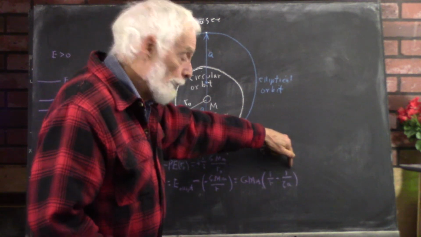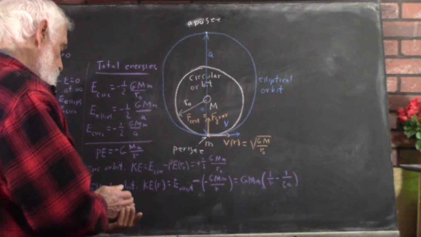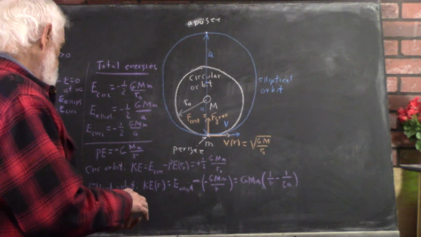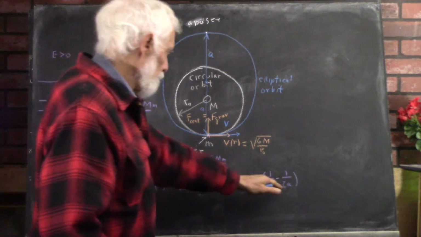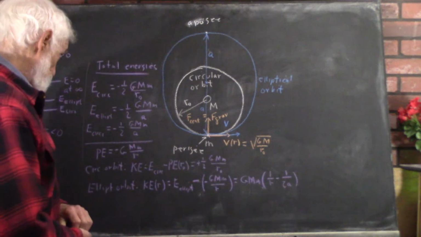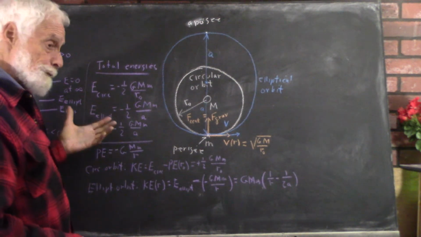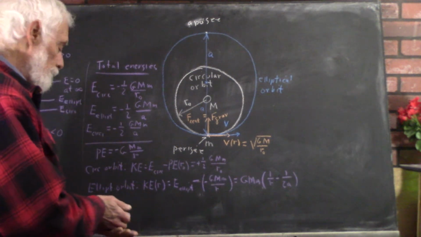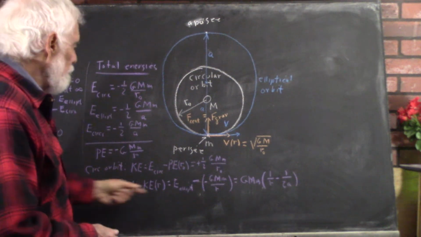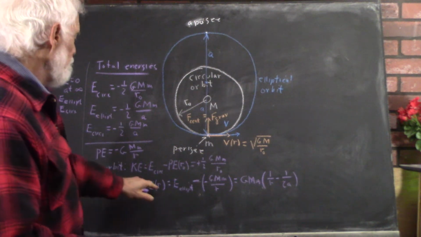So this is going to be positive, as kinetic energy has to be. Somehow I don't want to have a 2 in front of that A, but looks like I've got to have it. Everything here is nice and consistent. Okay, so the elliptical orbit has this kinetic energy at a distance r.